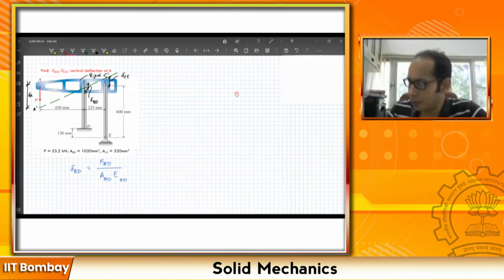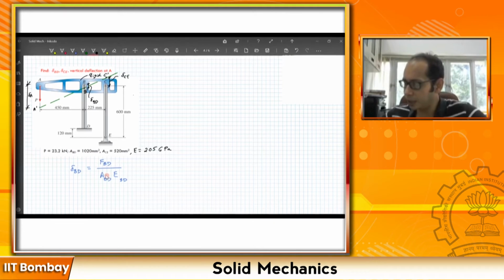Now this problem statement doesn't specify the E, so let me just write it over here, that along with this information you're also given E is steel, this is a steel bar, 205 GPa, right? Okay, so this is how we find the deflection.